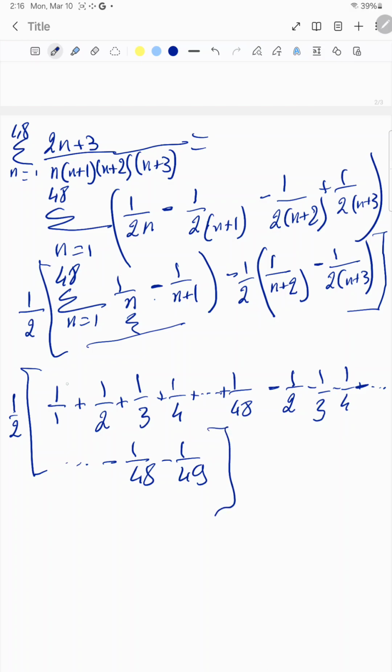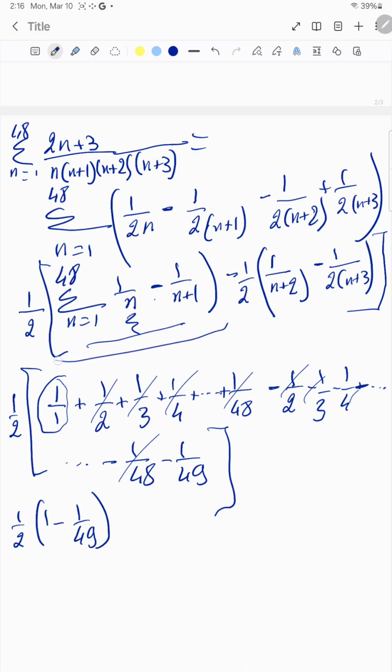I realize I will have the 1 here, but plus 1/2 minus 1/2, plus 1/3 minus 1/3, and so on, up to plus 1 over 48 minus 1 over 48. So everything will become 1 over 2 times 1 minus 1 divided by 49. So I finished with this.